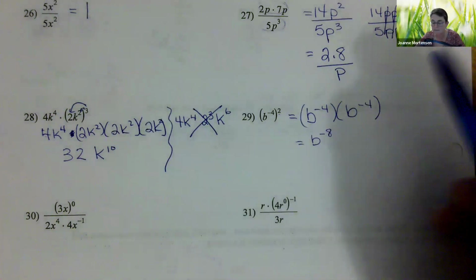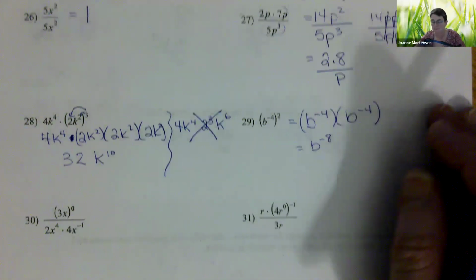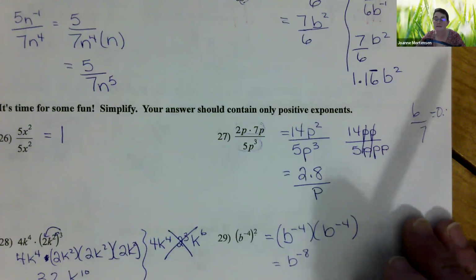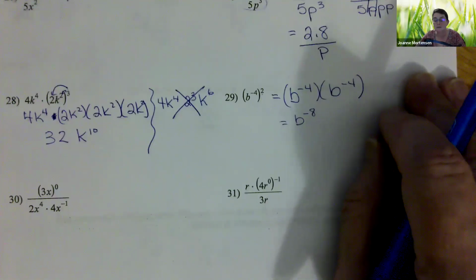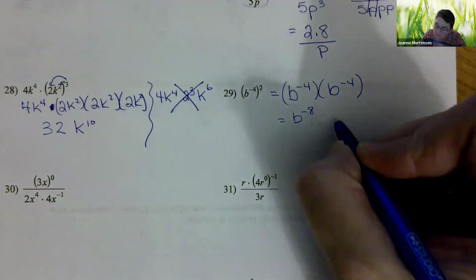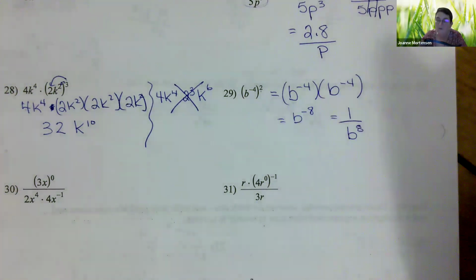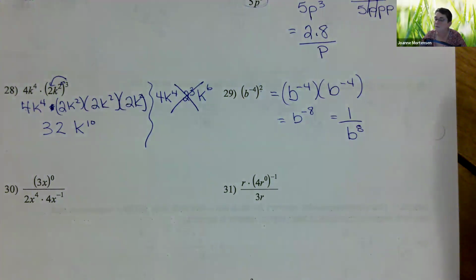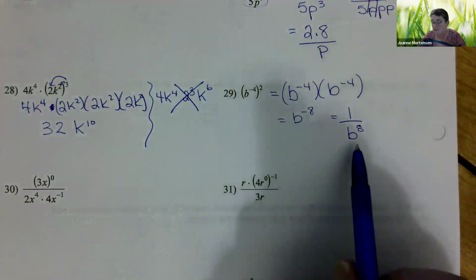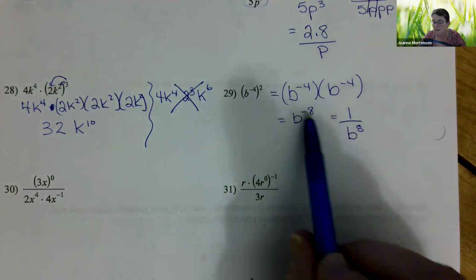But my question says that my answer can have only positive exponents. So if I want to make this positive, 1 over b, remember, a simple flip. I think there's a fancy rule for it. Reciprocal rule, maybe. But if it's on top and you put it to the bottom, your exponent is going to go from negative to positive.